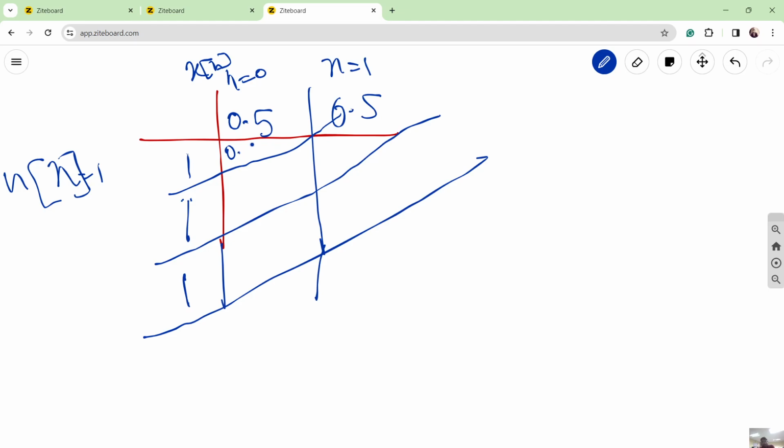So this is 0.5. The next one is 0.5 and here it is 0.5. This means 0.5 and from this it is 0.5. There is another 0.5.